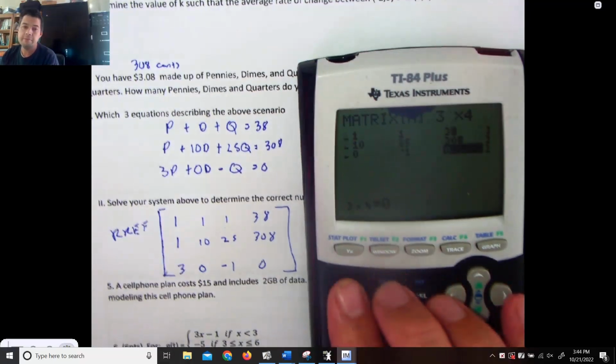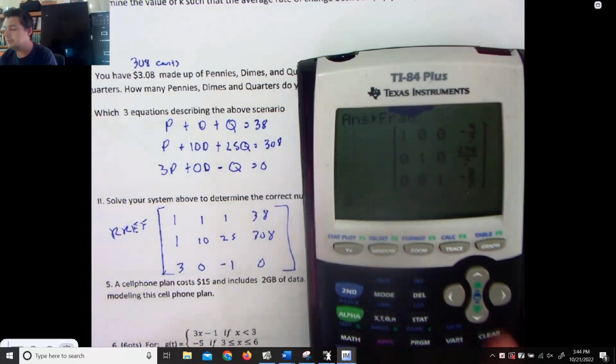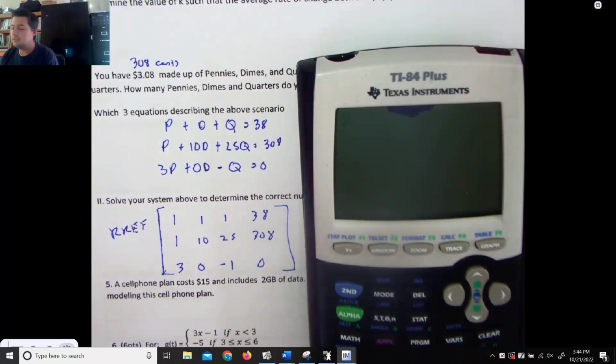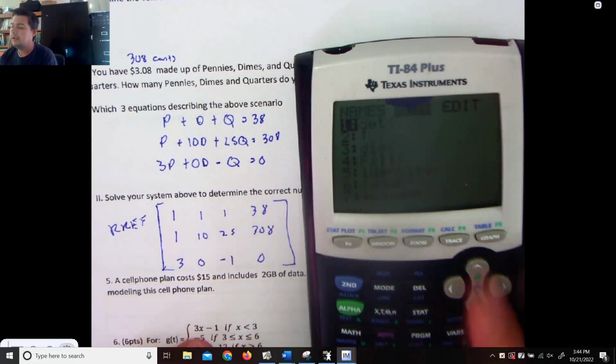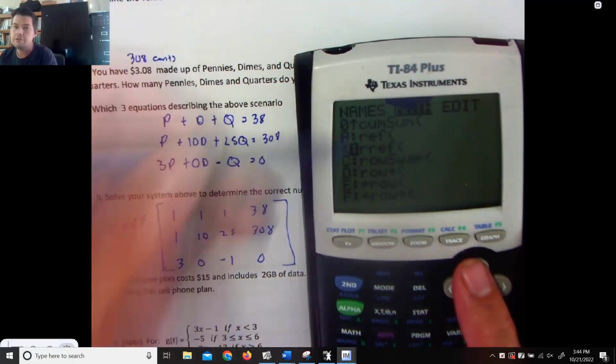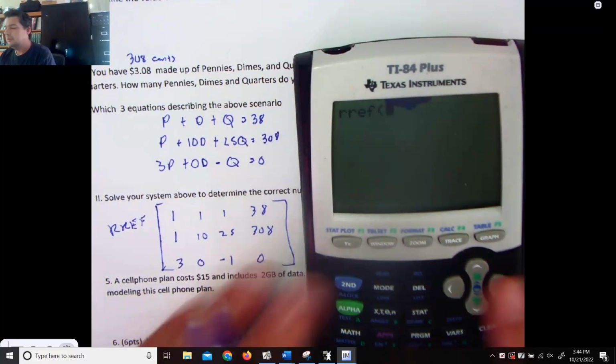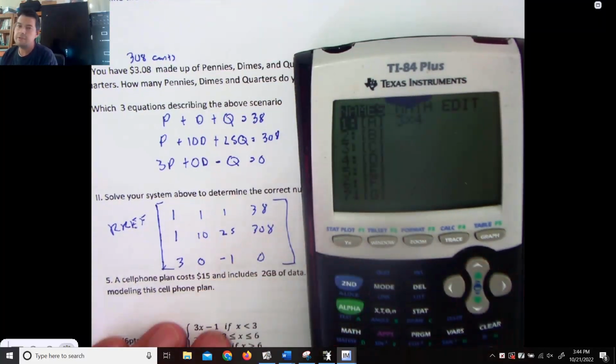And hopefully I created this problem right, or I'm just going to quit today. So after my matrix is in, second matrix, math, look for REF. It's 2 below that cum sum function. Press enter. Second matrix, choose matrix A, press enter again. Here's our resulting matrix.